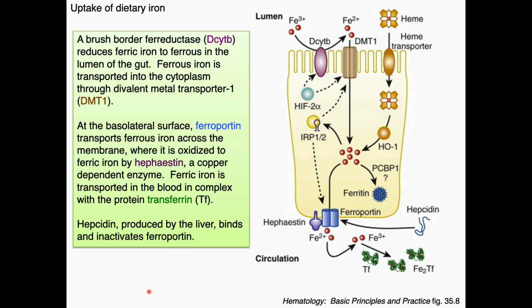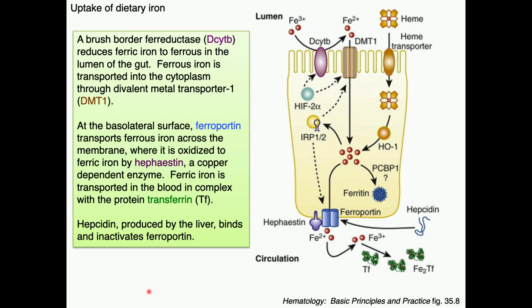Okay, so the substrate for that divalent metal transporter 1 is ferrous iron. Some of the iron in our diet is going to be in the ferrous form, but much of it is going to be in the ferric form because of the acidity of the GI tract.